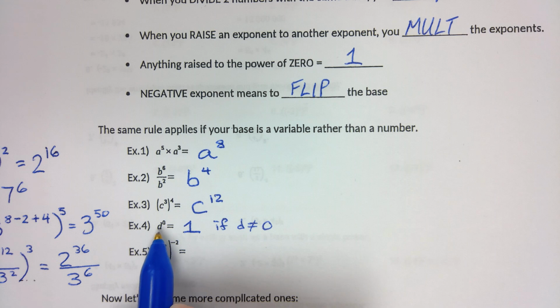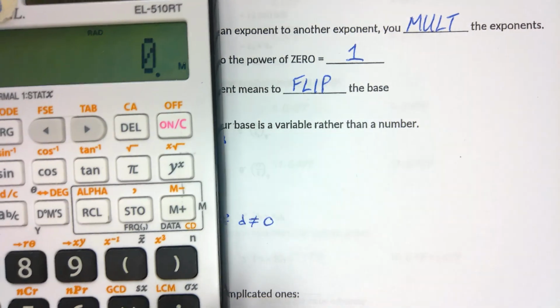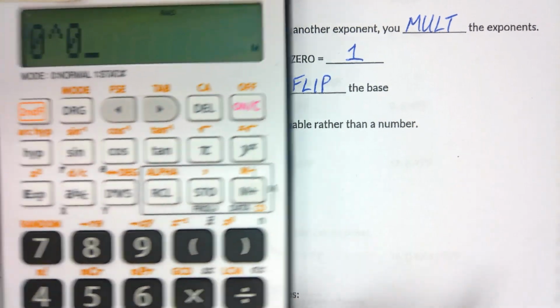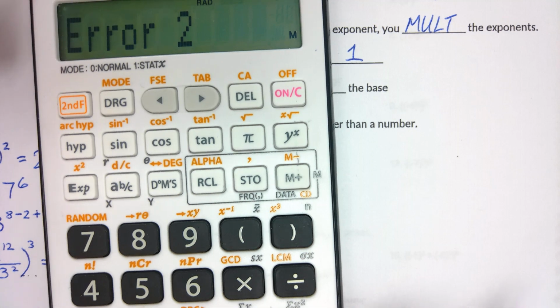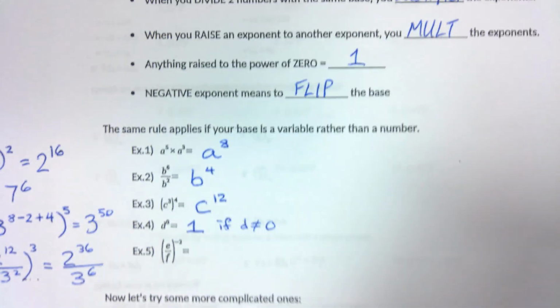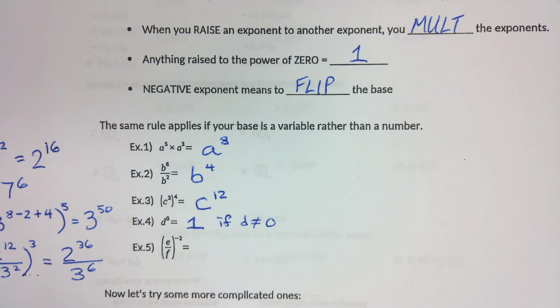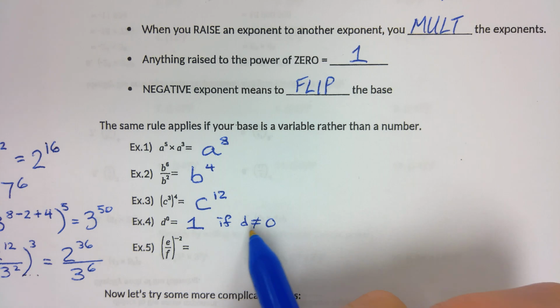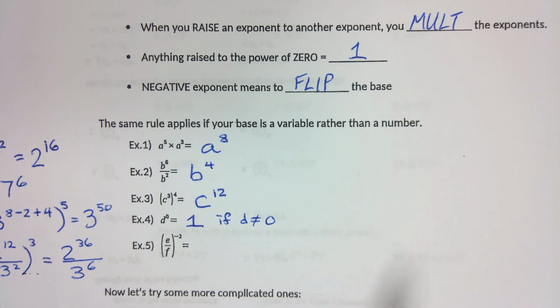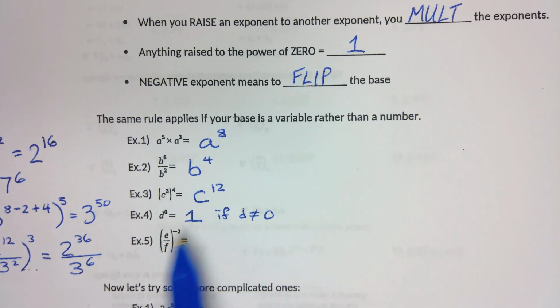Then what would your answer be? 0 to the power of 0? Let's see. 0 to the power of 0. Error. Yeah. Hey, very good, that's very good recognition. All right, nobody ever mentioned that, so that's very nice.